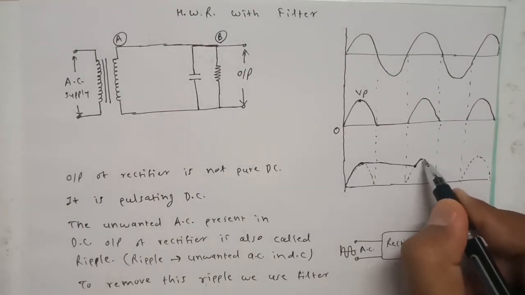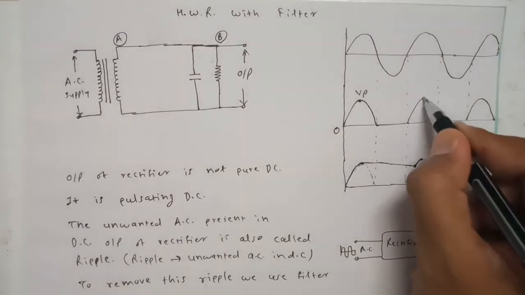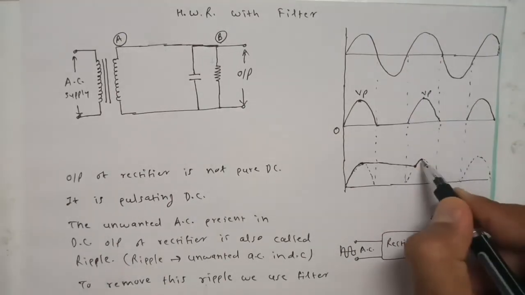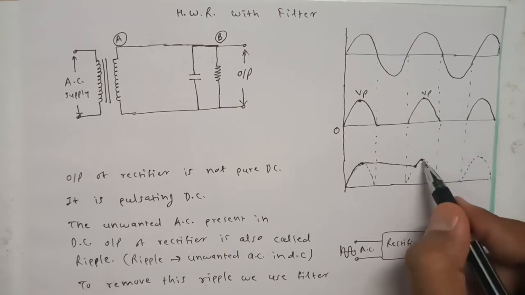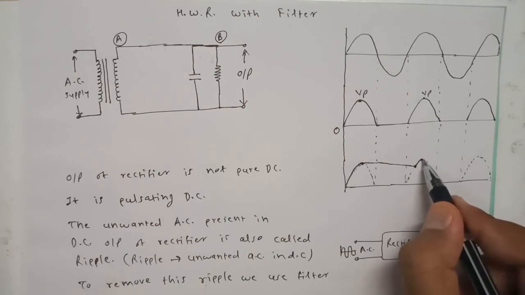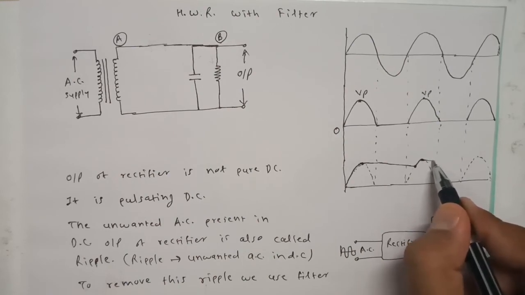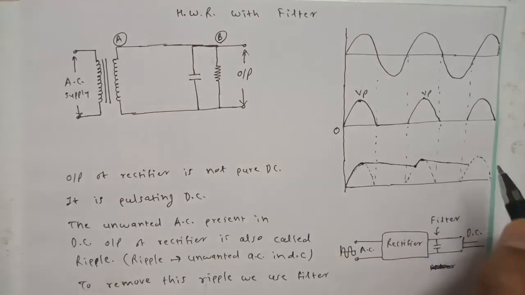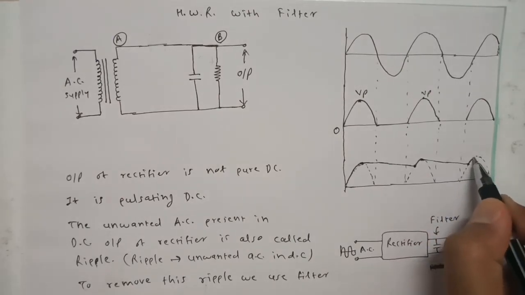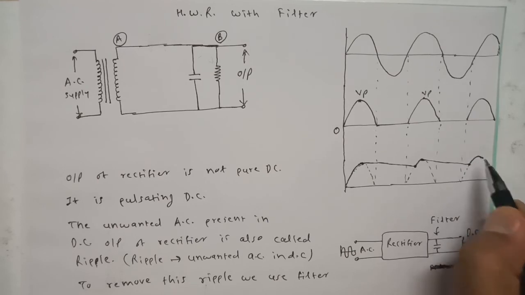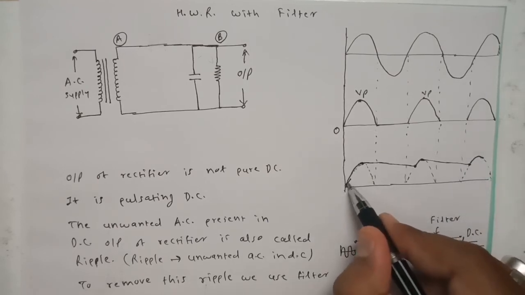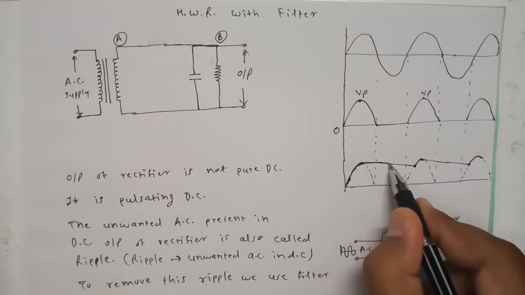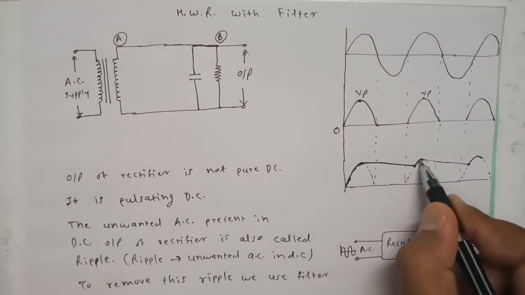Again it increases up to the point which is equal to this Vp, that is the maximum potential. After charging up to this point, again the same cycle repeats. The diode becomes reverse biased and it acts as an open switch, and after that the capacitor again starts discharging, but it discharges very slowly, and this cycle continuously goes on, and in this way finally we get the output across the load resistance which is the same as the voltage across the capacitor, and it is like this.